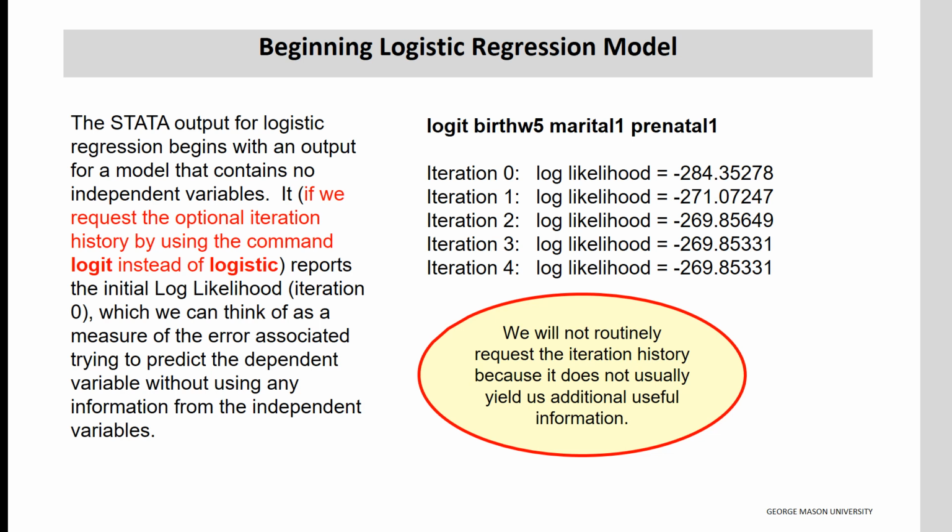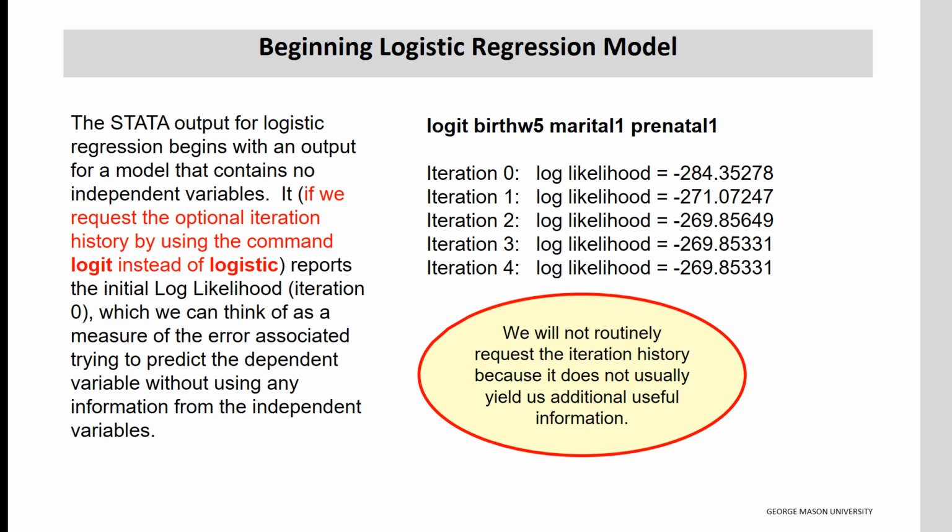The Stata output for logistic regression begins with an output for a model that contains no independent variables. It reports the initial log likelihood, which is iteration 0, which we can think of as a measure of the error associated with trying to predict the dependent variable without using any information from the independent variables.